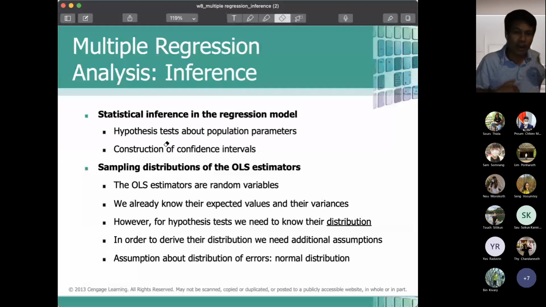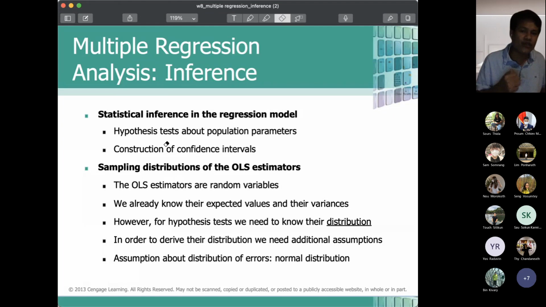We want to say something from our finding about how it connects or how close it is to the population parameter. Remember what I said, the population parameter is also a coefficient, but for the population. When I say estimate, that is a coefficient for the sample.